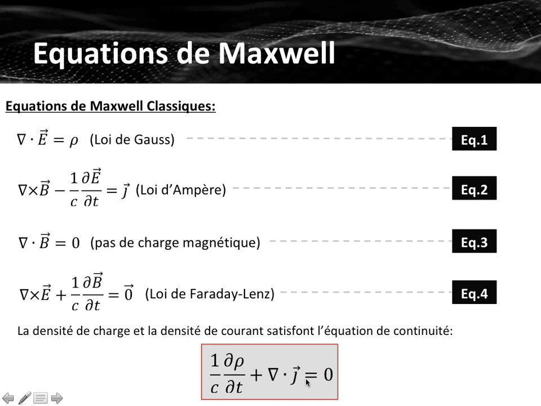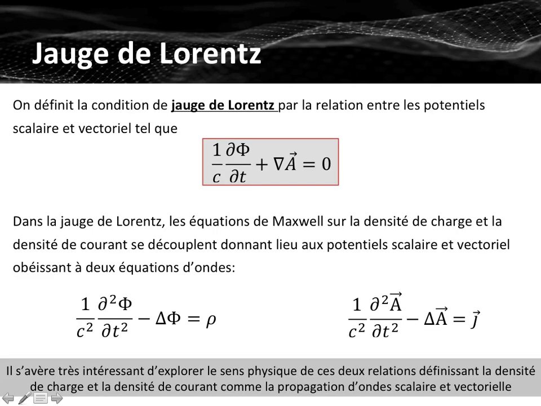So they look the same, if you want. It's as if there should be a relation between rho and phi, j and A. And this relation is actually found when we use this condition in the equations of Maxwell that contain rho and j, so equations 1 and 2 on my slides.